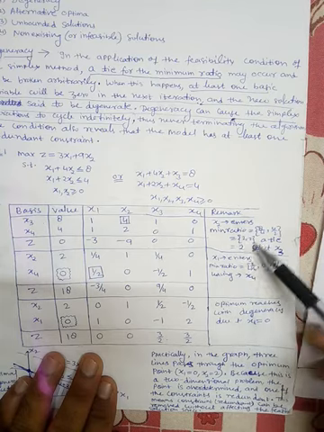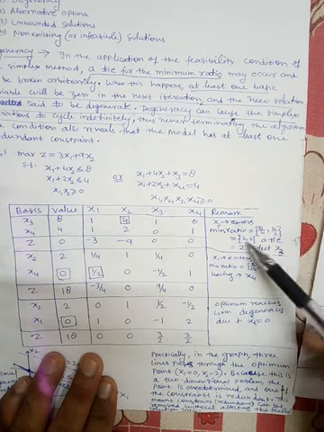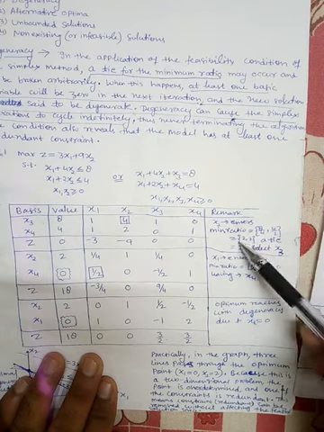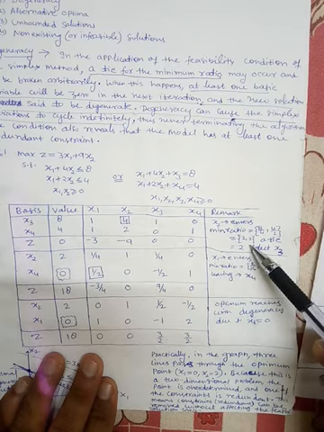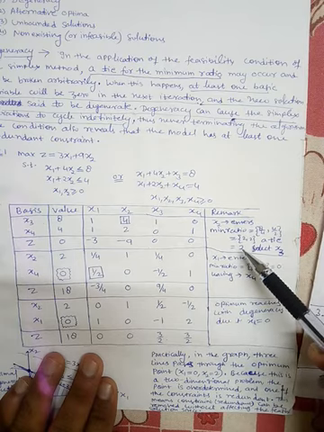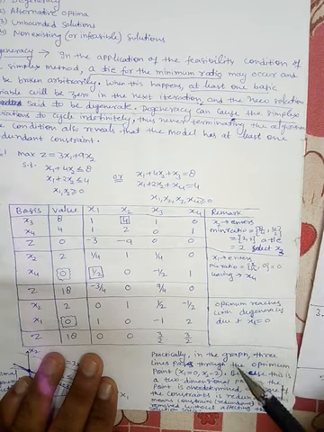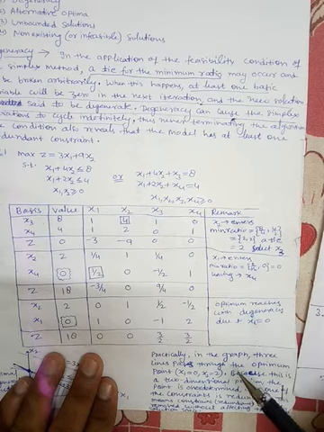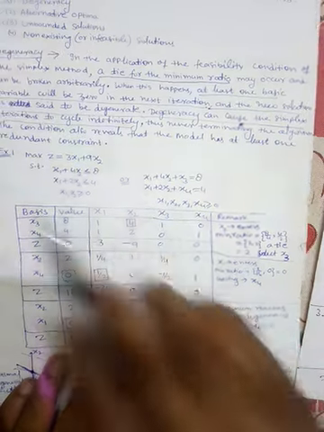For example, here you can see the minimum ratios 8/4 and 4/2, that means 2 and 2. There is a tie between these two, because both are at the same level. Whenever we have the same value for two or more ratios, we have the case of degeneracy.